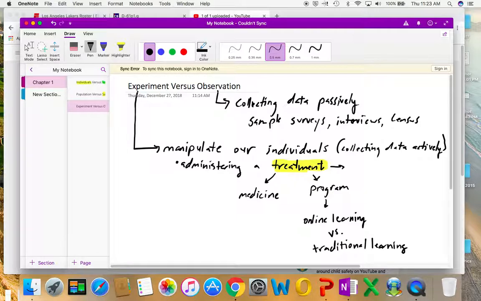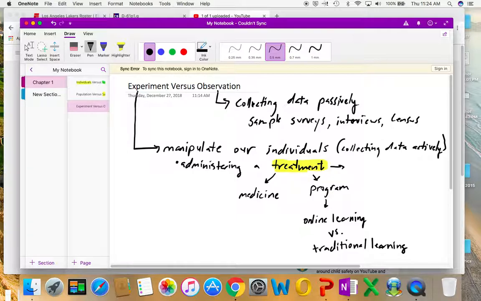And actually, MIT did a study on this of what's more effective, online or traditional learning. And the way they set it up, they took, I believe it was 65 different courses at the institution, and in those 65 courses, some of them were assigned online learning modules, and others were assigned a traditional classroom experience. Now, the reason this is an experiment is the students did not have control over whether they were in the online learning module or they were in the traditional learning classroom.